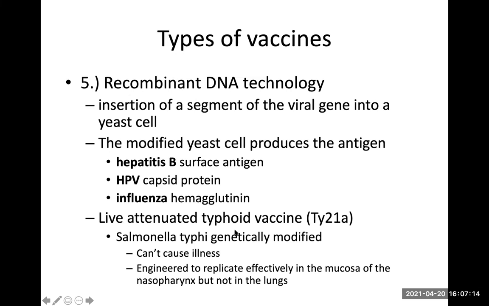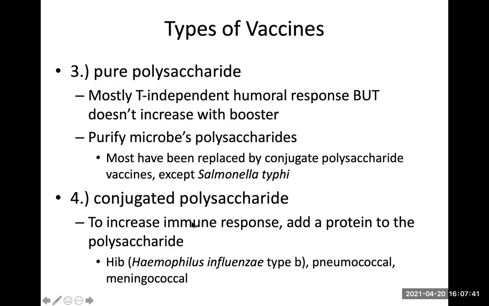Now there's a group. This one is probably the most confusing group, where it falls under recombinant DNA technology, but it's a live attenuated vaccine. It's very weird. So this is where we have genetically modified the salmonella so that it cannot cause illness. So earlier we looked at Salmonella typhi being a purified polysaccharide, and it's not a very good vaccine.